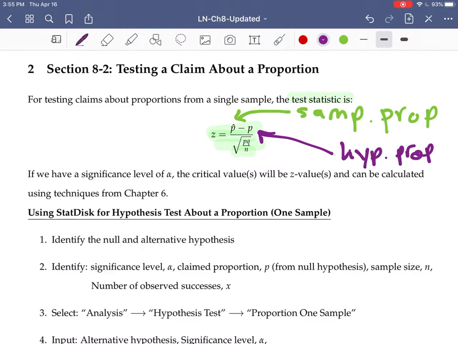So what is the proportion in the null hypothesis? Remember that the null hypothesis is always that you have a population parameter equals some value. So what is that value that you are claiming in the null hypothesis that it equals? And then you divide that difference by the square root of that hypothesized proportion times the complement of that hypothesized proportion divided by the sample size. Right. So that's how we would calculate the test statistic.